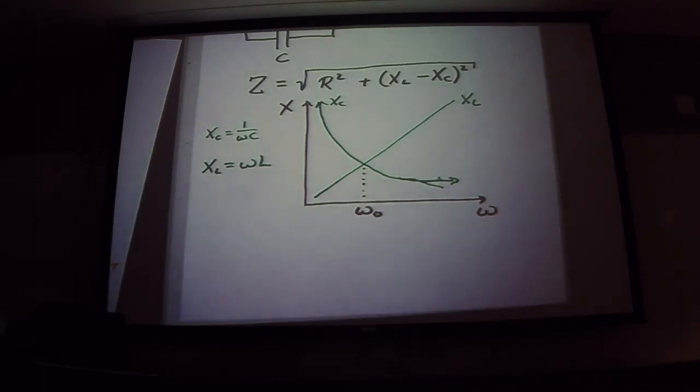When you're talking about a driven oscillator, and it would work with any driven oscillator, such as a swing, if you want to swing higher and higher, you pump your legs in the same pattern each time you swing, so that the forces resonate with the natural frequency of the swing.